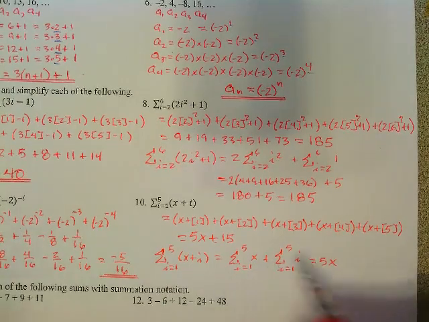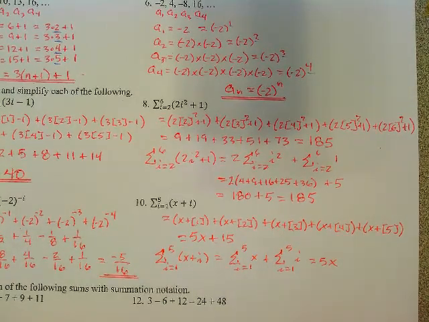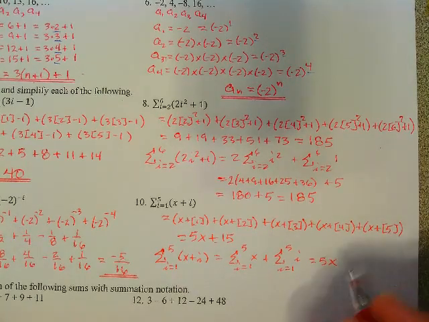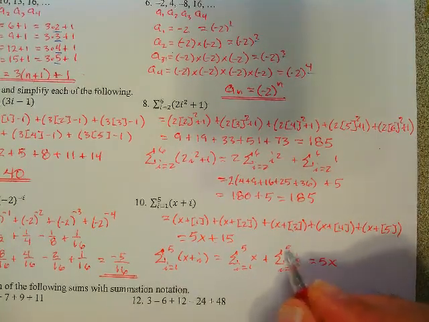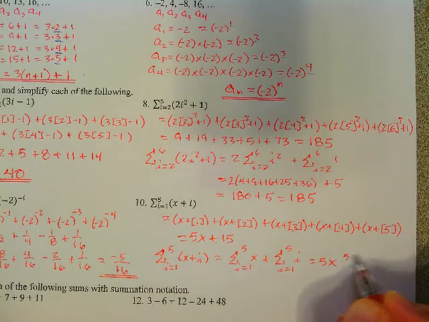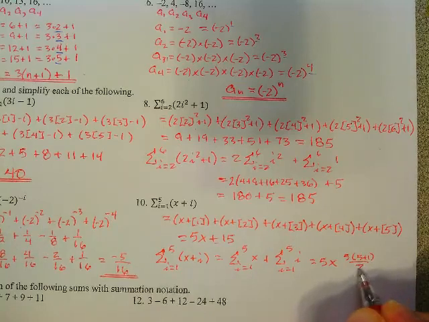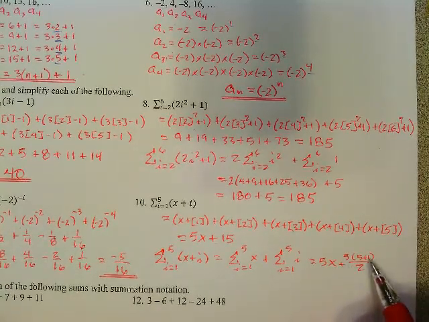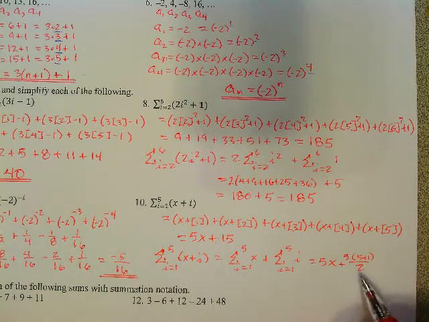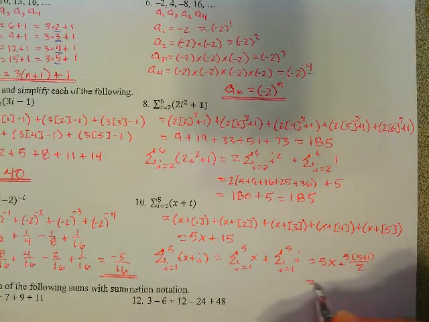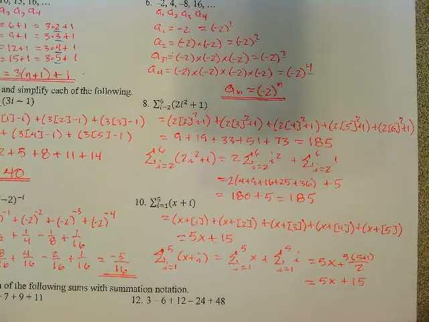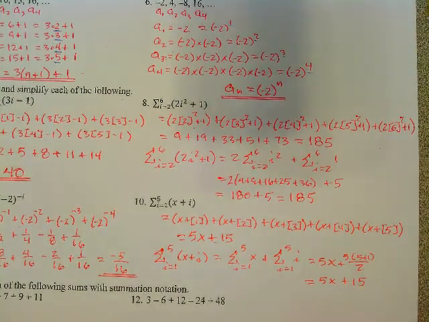Now the other part, using that summation formula, n times n plus 1 over 2, well, we're using n as 5 here, so it would have been 5 times 5 plus 1 over 2, which is 5 times 6 over 2, which is 15, and so we're back to our answer.